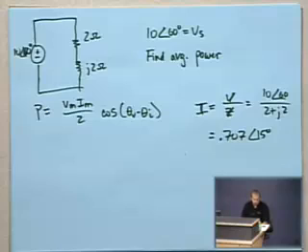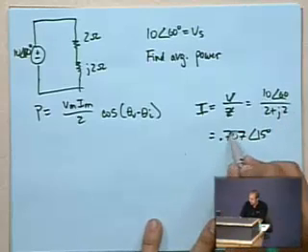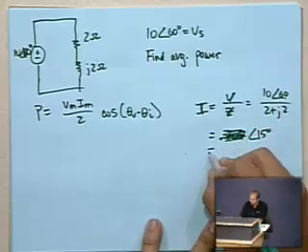It might help if I plugged in the right numbers. That shouldn't be 2 at an angle of 60. It would be 10 at an angle of 60. Sorry. So this is 3.54 at an angle of 15 degrees.